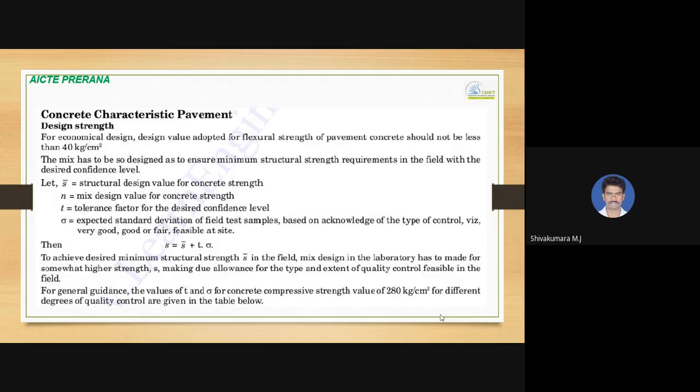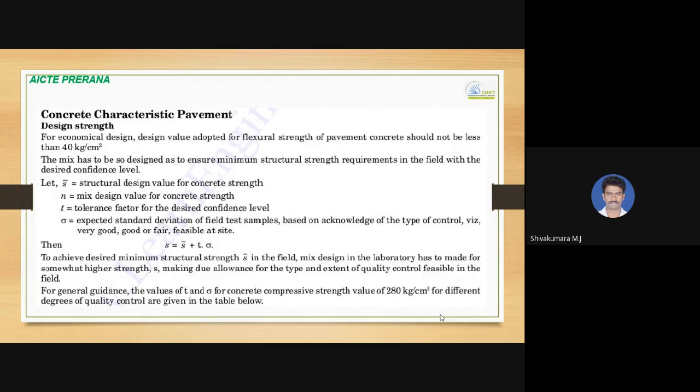We can use the equation S is equal to S bar plus T into sigma, where S bar is the structural design value of concrete, T is the tolerance factor, and sigma is the expected standard deviation of field test samples, where S is the design strength of concrete which is expected. To achieve a desired minimum structural strength S bar in the field, the mix design in the laboratory has to be made for somewhat higher strength, that is S, making due allowance for the type and extent of quality control feasible in the field.